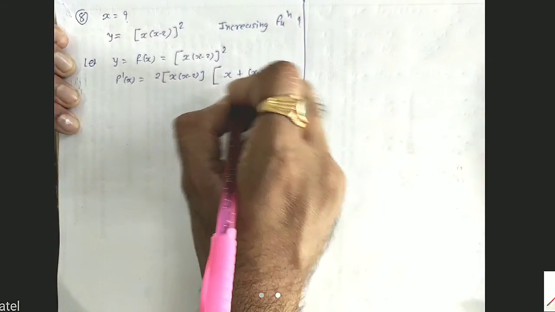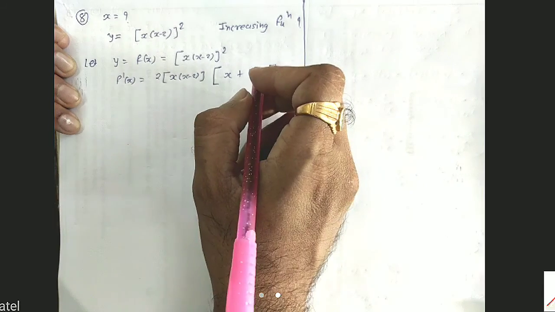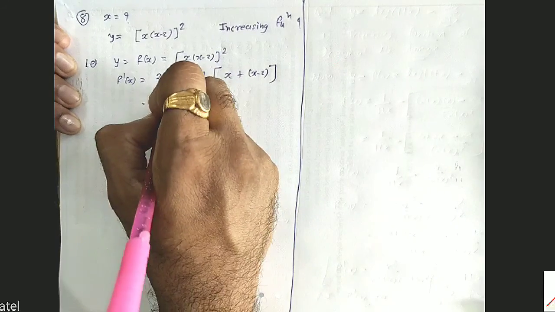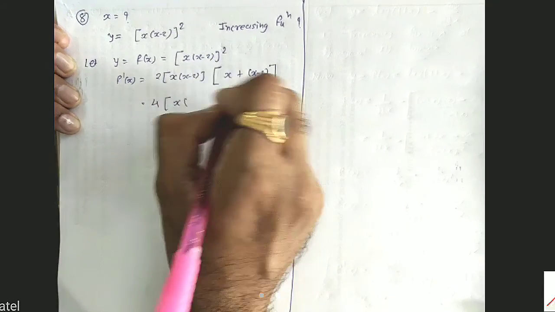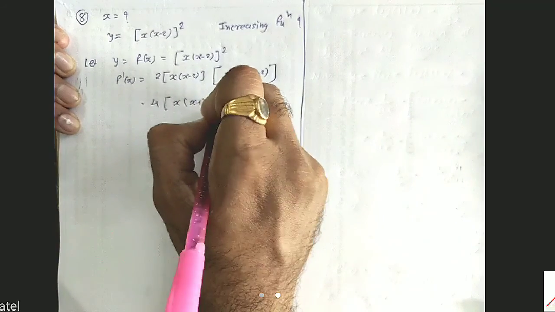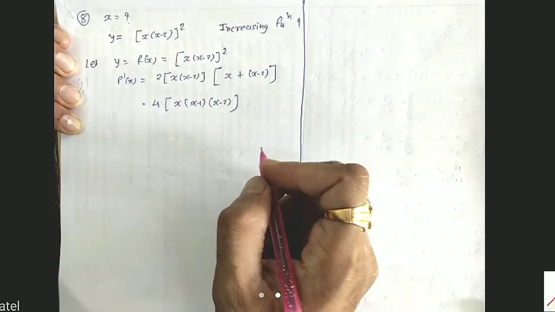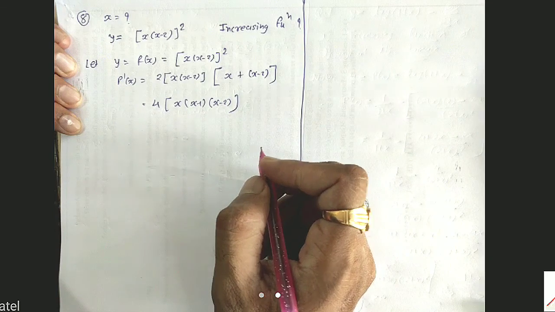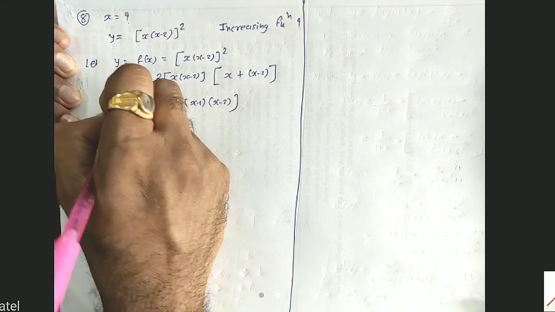So this is again 2x minus 2. So 2 will be common. It will be multiplied with this 2. 2 twos are 4, into this x. Here (x minus 1) will be the remaining term, and (x minus 2). So 4 into x, (x minus 1), (x minus 2) is our f dash x.